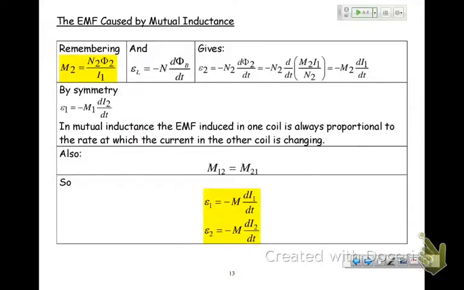I take my mutual inductance and I play with my EMF, and I get this, and I say in mutual inductance, the EMF induced in one coil is always proportional to the rate at which the current in the other coil changes. Mutual inductance caused in one coil is equal and opposite to the mutual inductance caused in the other coil. So yada yada yada.